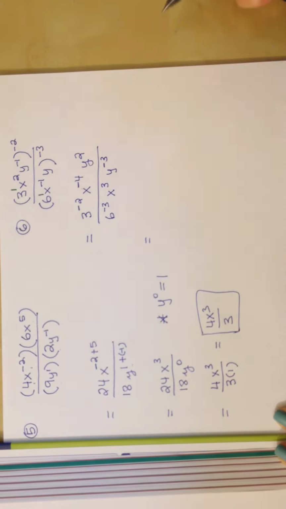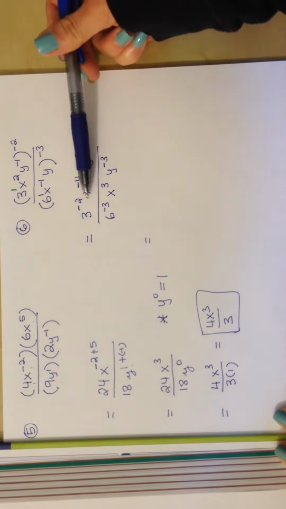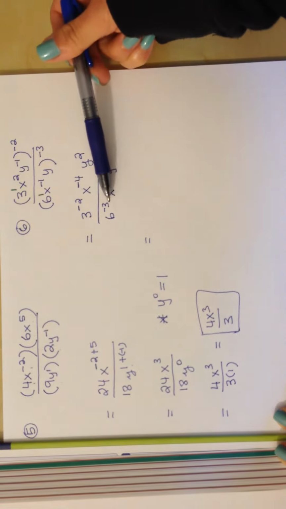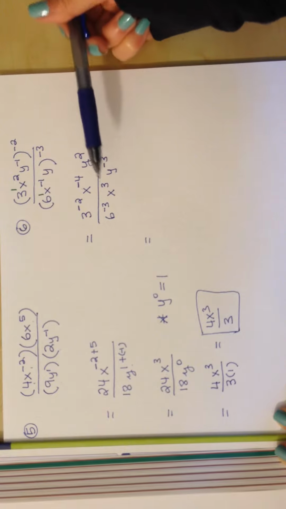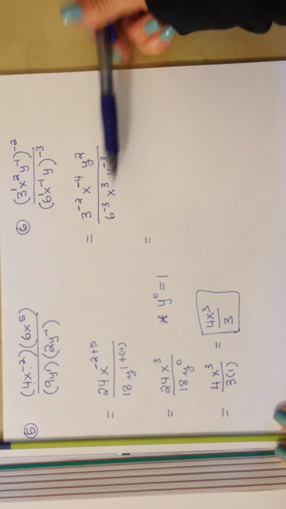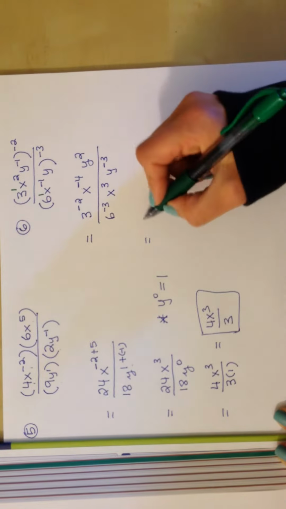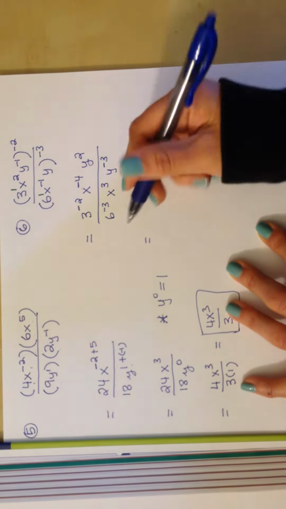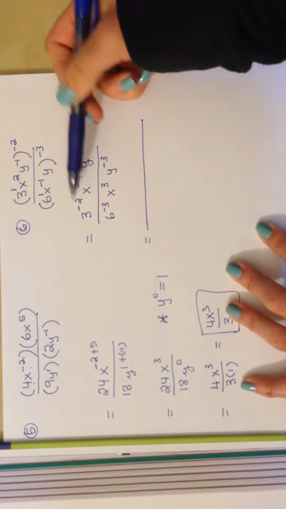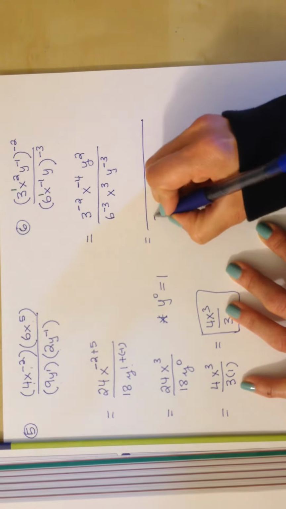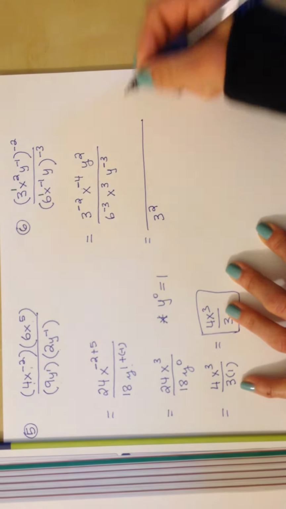Okay, remember I said before we calculate 3 to the negative 2 and 6 to the negative 3, you have to rewrite your problem so that all the exponents are positive. So what we do is we're going to rewrite 3 to the negative 2 in the denominator as 3 squared.